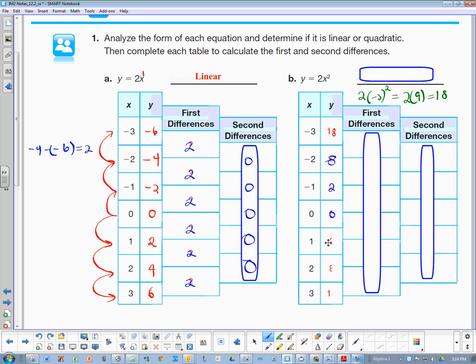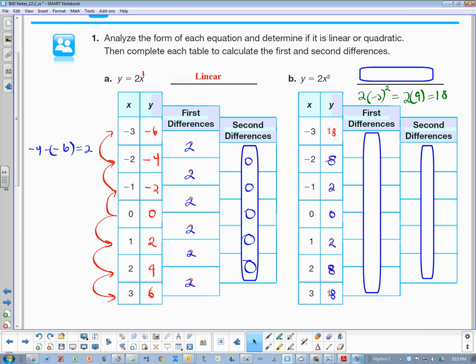When we plug in 1 squared is 1 times 2 is 2. Then we have 8 again. And finally, when you plug 3 in here, 3 squared is 9 times 2 is 18. All right. First differences.